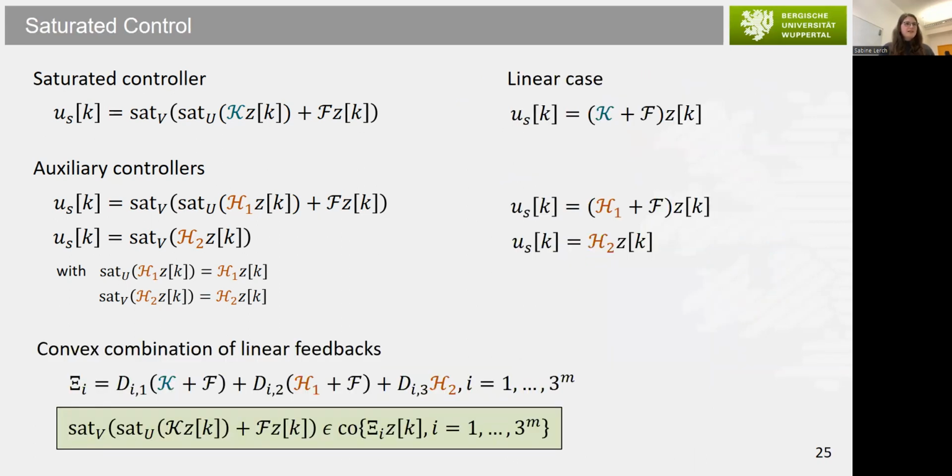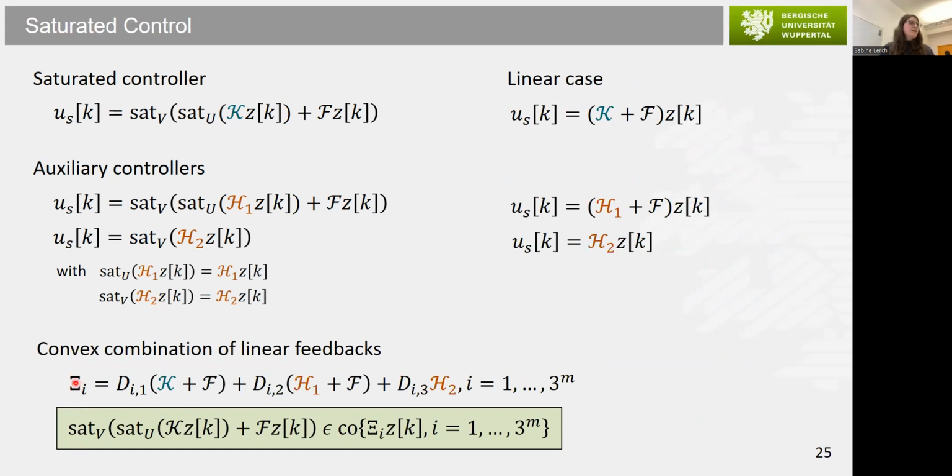In the linear case, so when no saturation at all occurs, we would have these feedbacks. This is always valid for H1 and H2, but not for K. But we can build the matrices that consist of all possible combinations of the rows of those linear feedbacks.